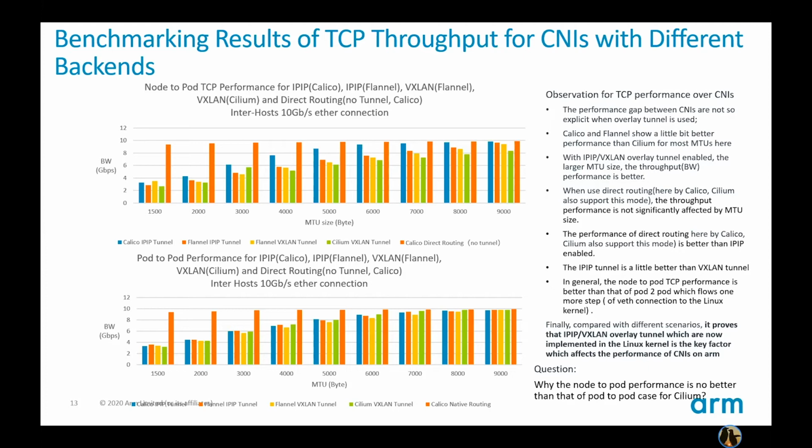Here is a very interesting question: why is the node-to-pod performance no better than that of pod-to-pod for Cilium? It's a little bit strange, and you could think about it further. We still have no direct answer for it.